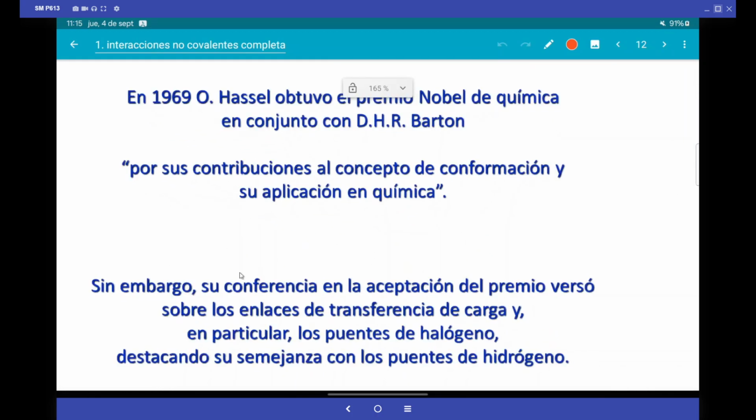Hassel obtained the Nobel Prize in Chemistry for his contributions to the concept of conformation and its application in chemistry. However, his lecture was about halogen bridges. Many times it happens that people discover something, but they do not win the Nobel Prize for what they discovered.